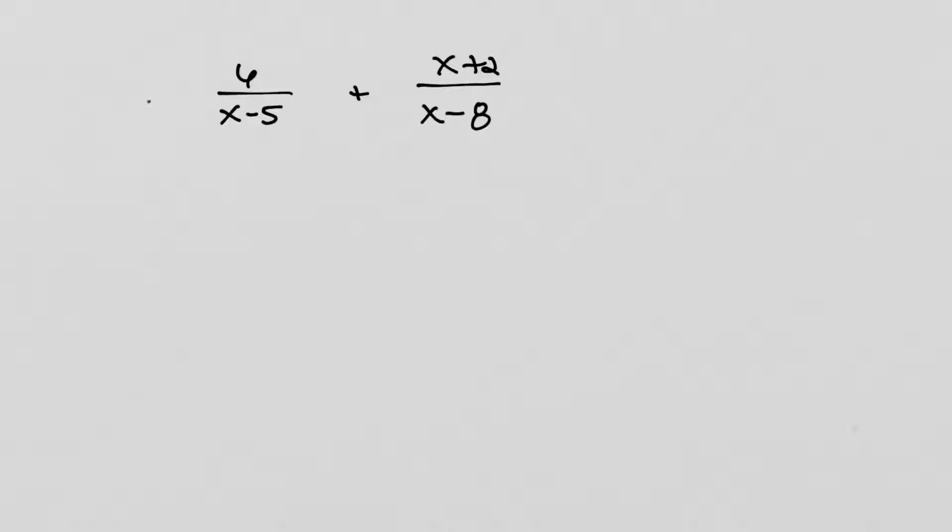Right? This one I need an x minus 8 in my denominator, so I will multiply the top and the bottom by an x minus 8. This one I need an x minus 5 in the denominator, so I will multiply the top and bottom by an x minus 5.